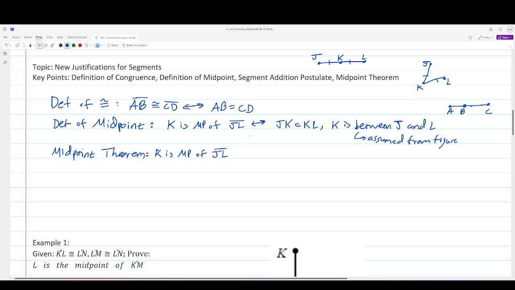We're starting with the exact same information, but this time our conclusion is going to chain definition of midpoint and definition of congruence together to say that segment JK is congruent to segment KL. So if you call it midpoint theorem, then you can have a conclusion that says they're congruent instead of equal.